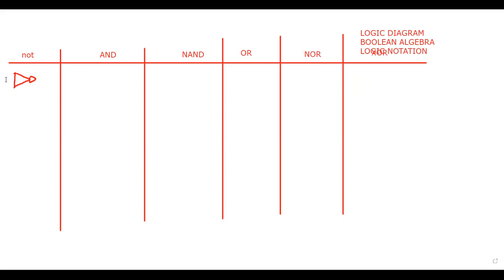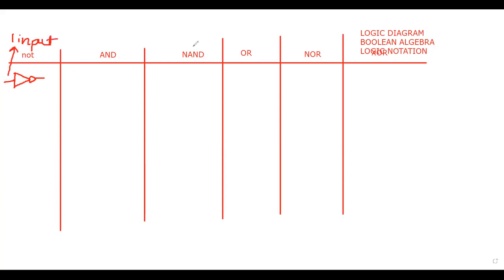Okay. So we have got the NOT gate like this, and there is only one input. This is the only gate in which we have got only one input. Is it clear?